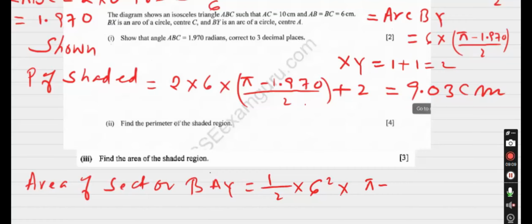Theta is the same which we found in the previous part, (pi minus 1.970) upon 2. Simplify it, you will get 21.08.